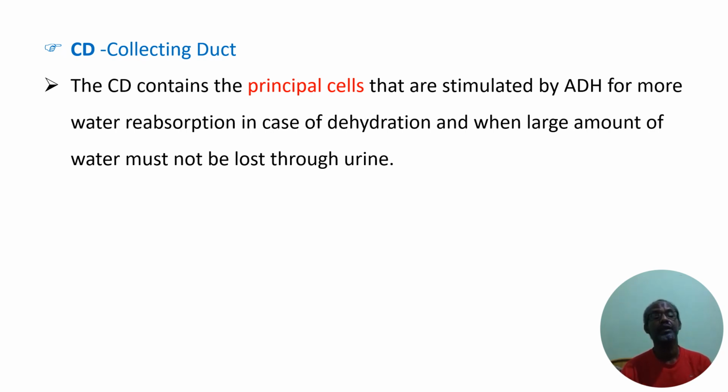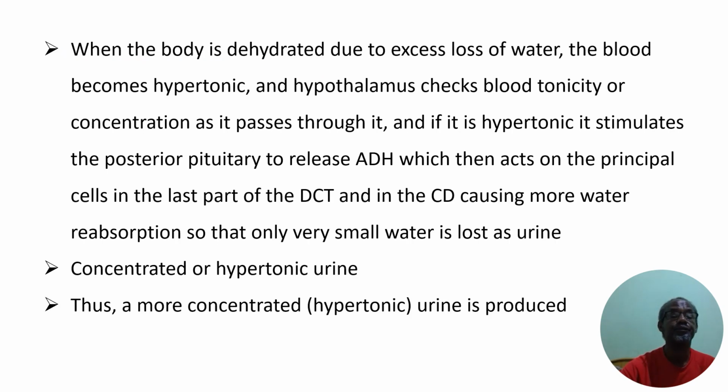Its main role is in water conservation by acting on the principal cells, and these principal cells are found in the last parts of the distal convoluted tubule and the collecting ducts. Therefore, principal cells in the kidney are the targets for ADH.